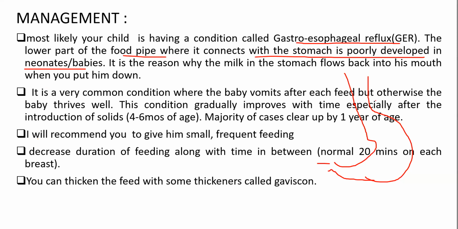Because the lower part of the food pipe is not well developed, sometimes the milk in the stomach can flow back into the mouth, especially when you put him down. That is what we call reflux. It is a very common condition where the baby vomits after each feed but otherwise thrives well and gains weight well, so everything else is fine.